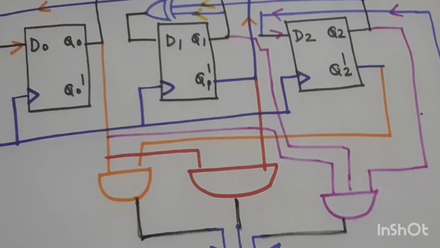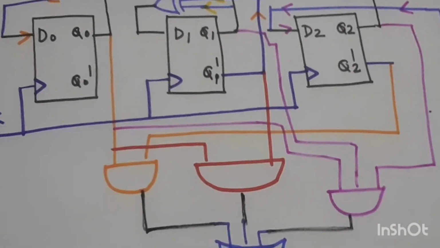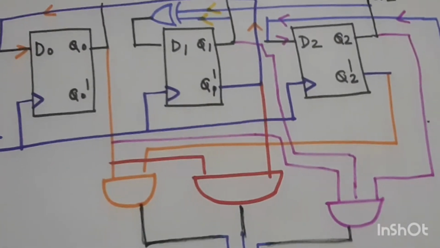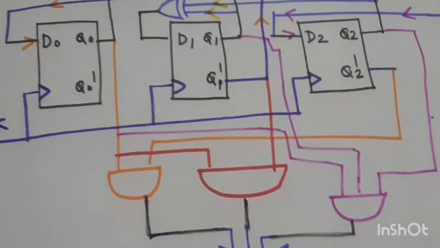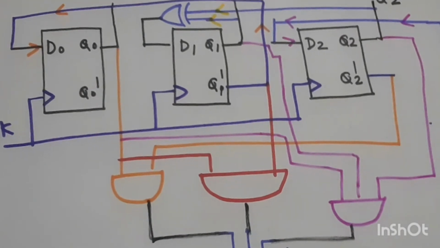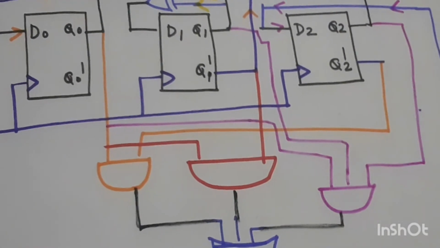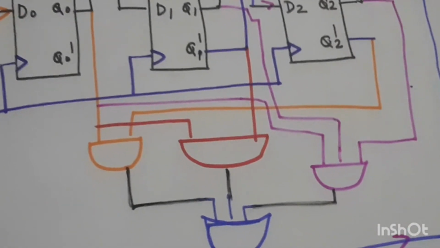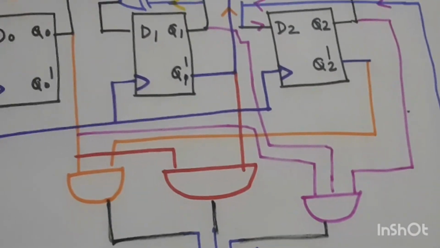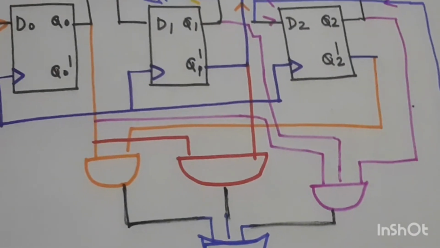I will revisit what I have just discussed 1 minute back. 3 flip-flops, clock is going to 3 flip-flops, same clock, orange one, red one and pink one. These are all AND gates going into the OR gate, that is purple in color. Output of the OR gate is now going to D2. I have shown it with the pink arrows.